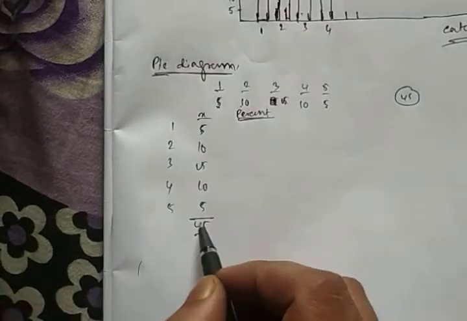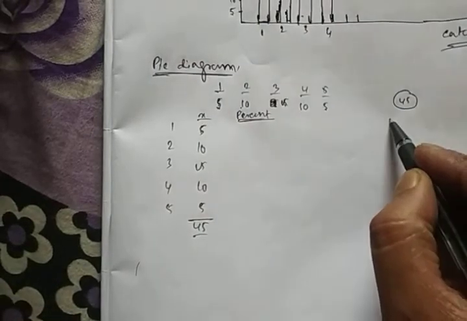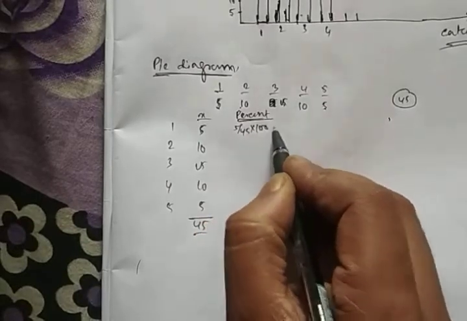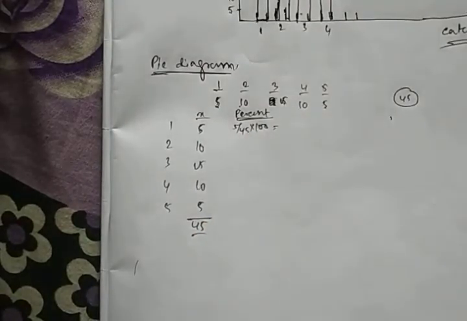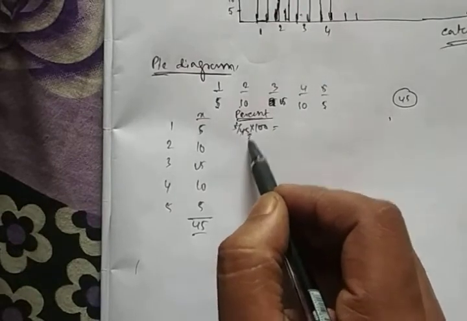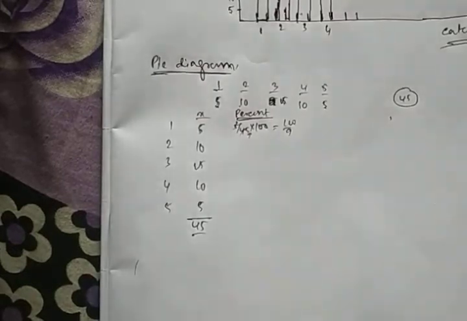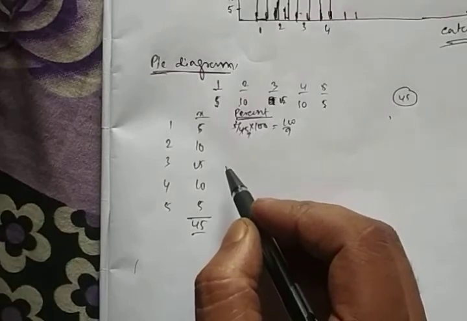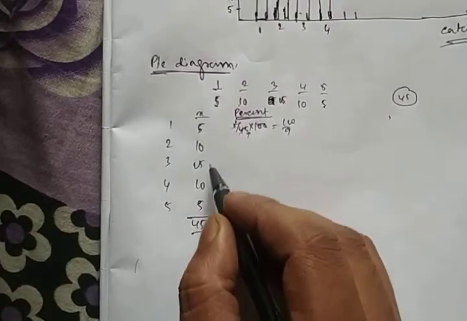The total value is 45, so the percentage will be 5 by 45 into 100. What will the value be? Let's see, 100 by 9. Now, to make it easy, I add different parts.